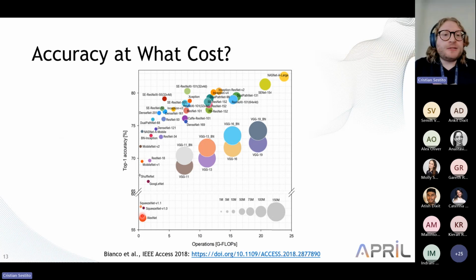After that point, we had an explosion in the number of proposed convolutional neural networks, and this picture shows some of them. Consider that this picture is dated back to 2018, but I would say the main message that should stay in your mind is that we need to consider the compromise between the accuracy that we can achieve and the number of computations and parameters that are required by the neural network.